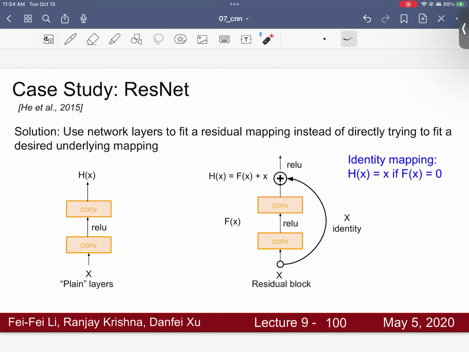Before ResNet, what people did is you have an input X, an input image, and then you have conv and ReLU, and a bunch of layers, and so on, right? But instead of doing that, let's have a skip connection between input and output. Let's assume that your single block consists of conv, ReLU, conv. This is your input, this is your output, and this is your function.